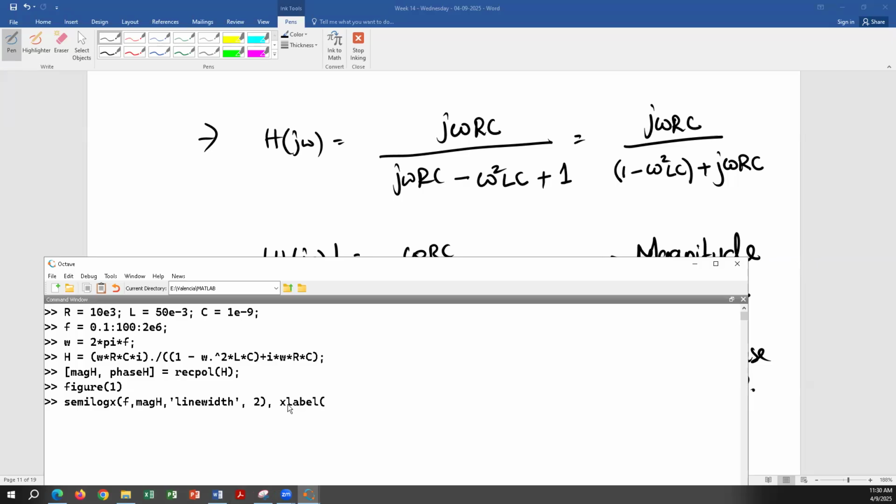X label in hertz, and Y label is the magnitude of H of j omega.